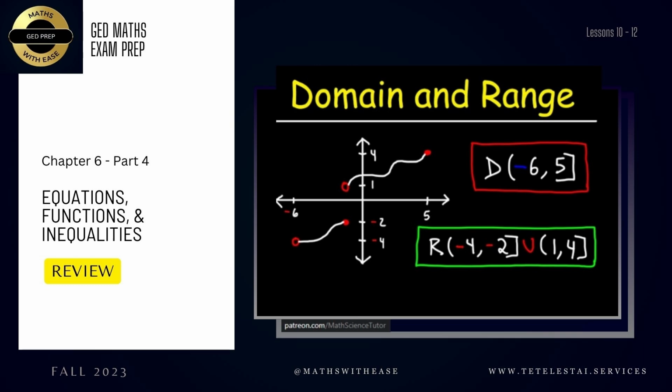And +4 is included in the range, which again is illustrated on the graph as a closed circle, a circle that's been filled in. And in the set notation form, looking at the green rectangle, we see closed brackets after +4, indicative that +4 is included in the range of the graph. So again, two different ways of identifying whether or not the endpoint of the function is included in the range of the function itself.